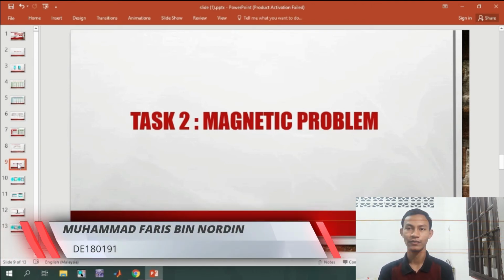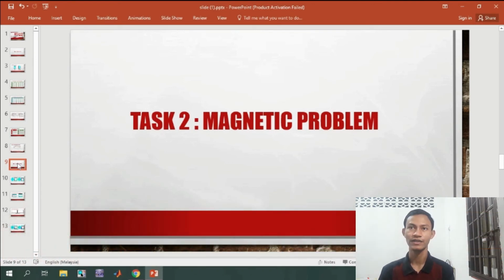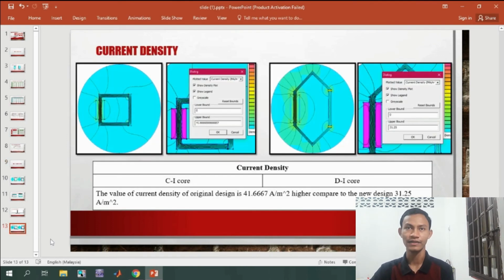Today I will continue the presentation for task 2, which is the magnetic problem. My part is the last part, which is the current density. Before that, I will explain the figures. This is the figure for the CI core, and this figure is for the DI core.